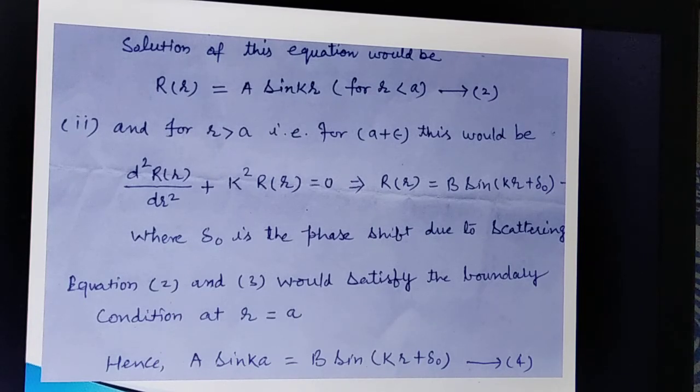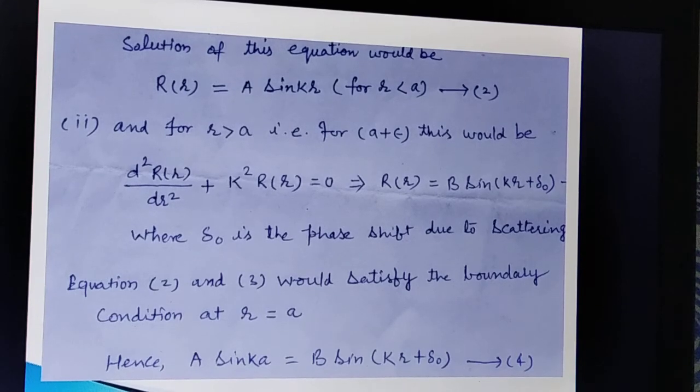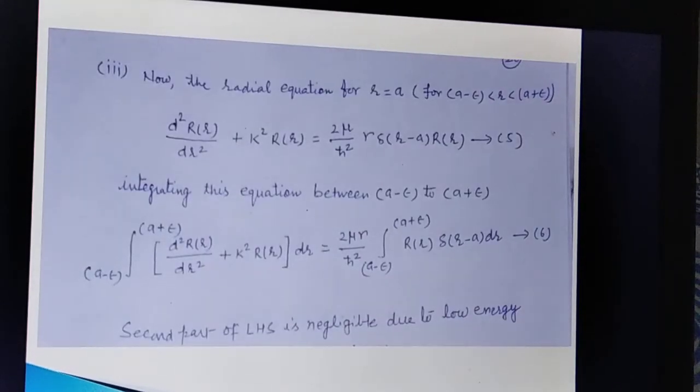This equation shows the scattering wave, and so here we have to include the phase shift. The phase shift is given by delta 0. And at the boundary, means at r equal to a, both solutions should be identical, which means A sin of ka equal to B sin of ka plus delta 0.